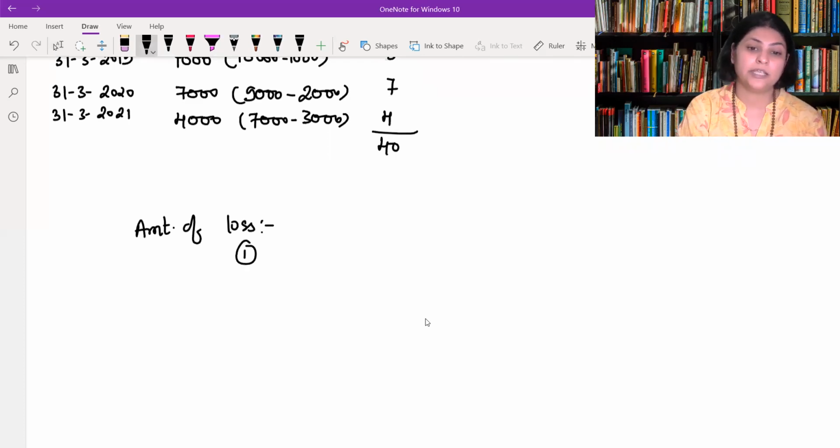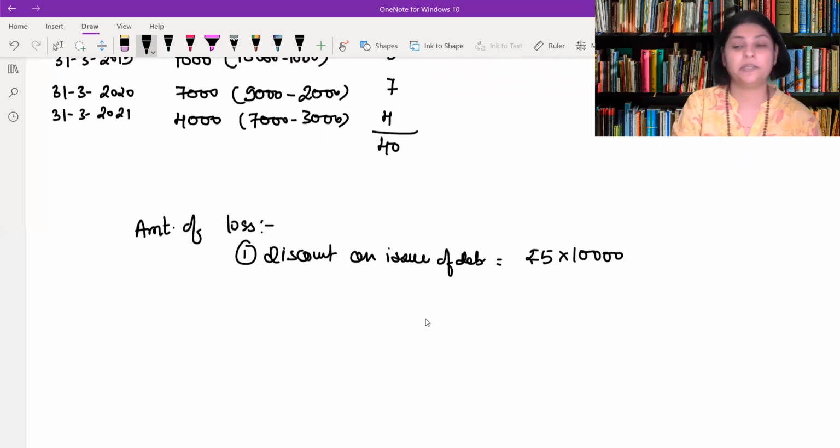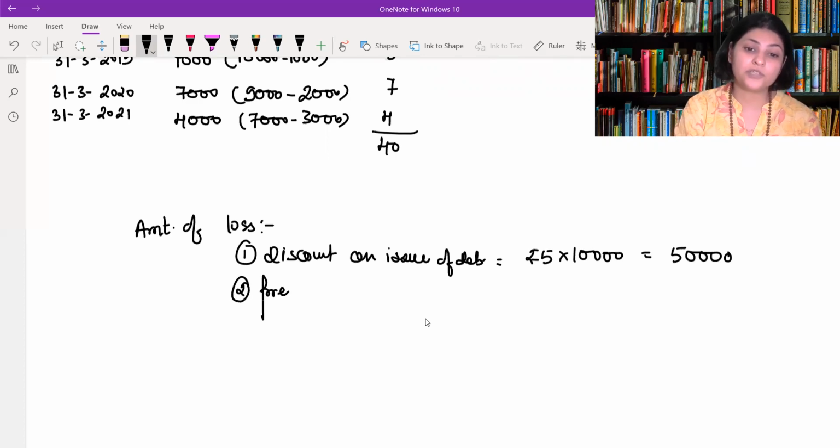So number 1 is discount on issue of debenture, which is rupees 5 multiplied by total number of debentures, which are 10,000 debentures. So my total is coming to be 50,000. Next is premium on redemption of debenture, which is also called loss. I will write loss over here. Loss on issue of debenture.